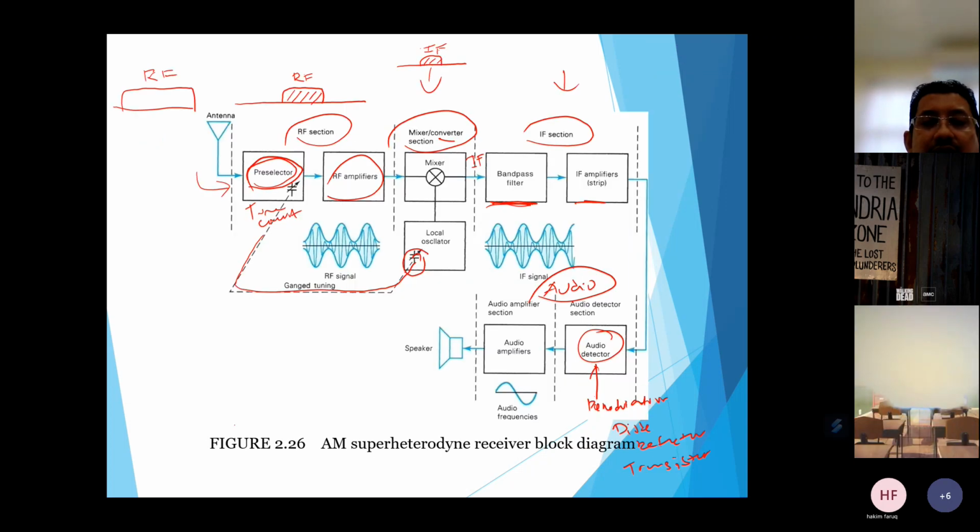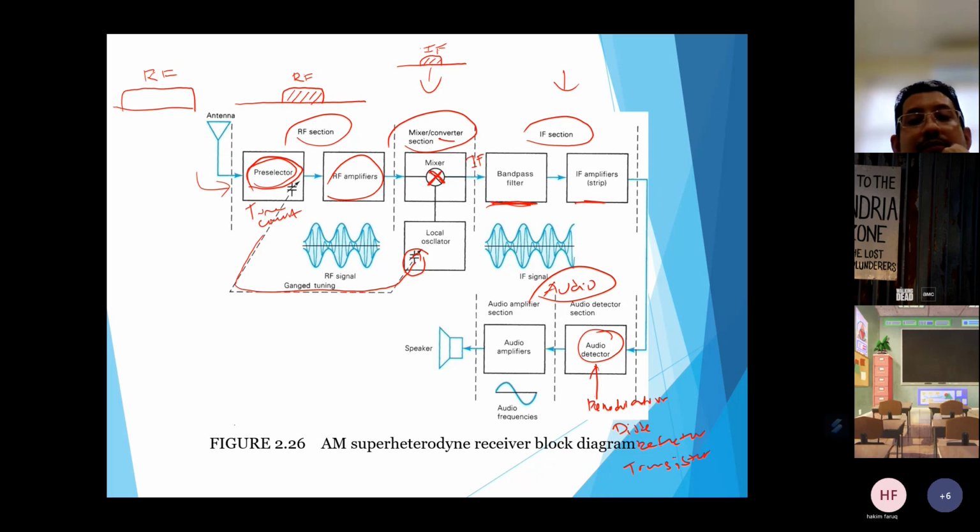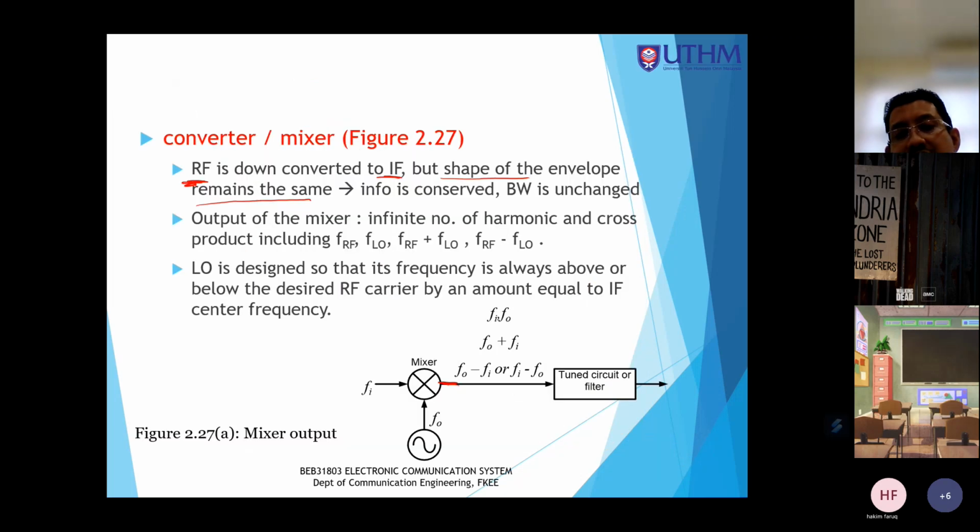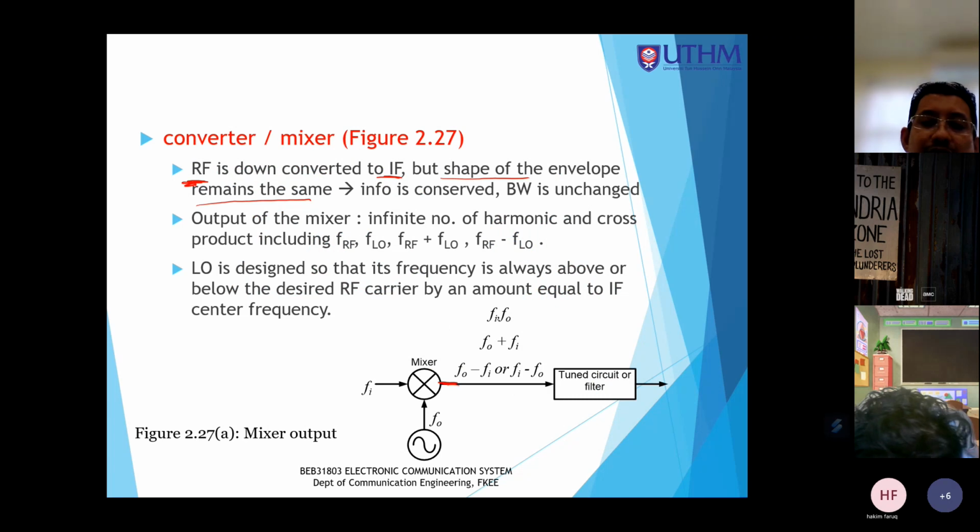So remember, down converter tadi, kalau you nampak simbol X ni, simbol X ni bukan simbol main-main. Dia menyatakan bahawa berlakunya proses darab secara mathematics of the inputs. Okay, that means we multiply the inputs. So we have the input here, F input, from the first section, and here we have the oscillator frequency.